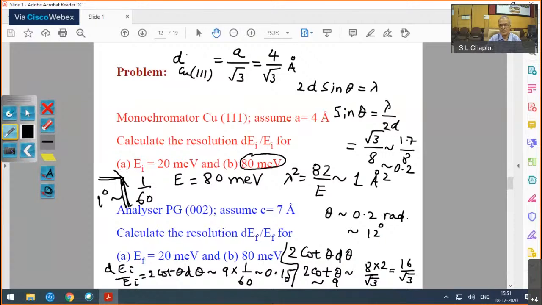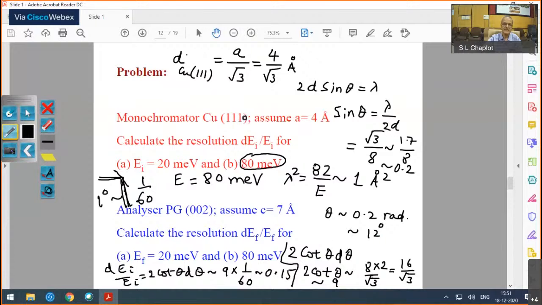But this is a particularly poor resolution situation. You start with a very high energy, and therefore the theta is small. High energy means small wavelength, and a small wavelength also means a small theta, and a small theta means a very large cot theta.